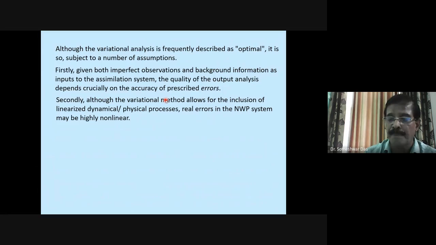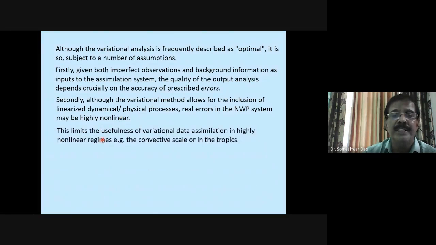Okay, this limits the usefulness of variational data assimilation in highly nonlinear regimes, that is in convective scale or in tropics. Okay, because of these problems, the 3D VAR finds problems, especially in situations which are highly nonlinear, like during convective scale systems like thunderstorms, or in the tropics where most of the time the atmosphere is convective, or convectively unstable.